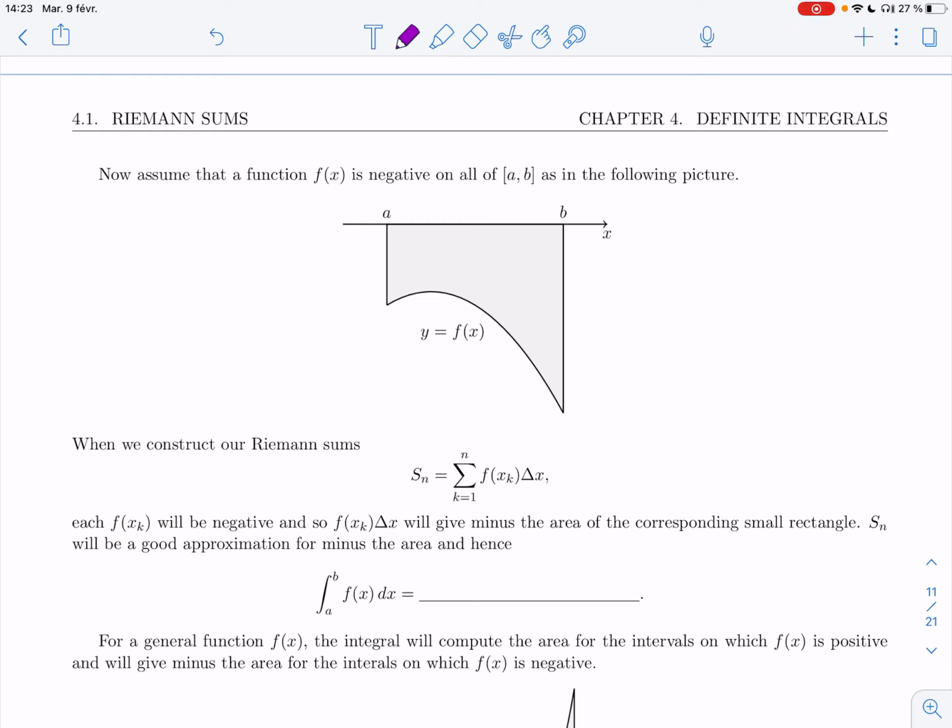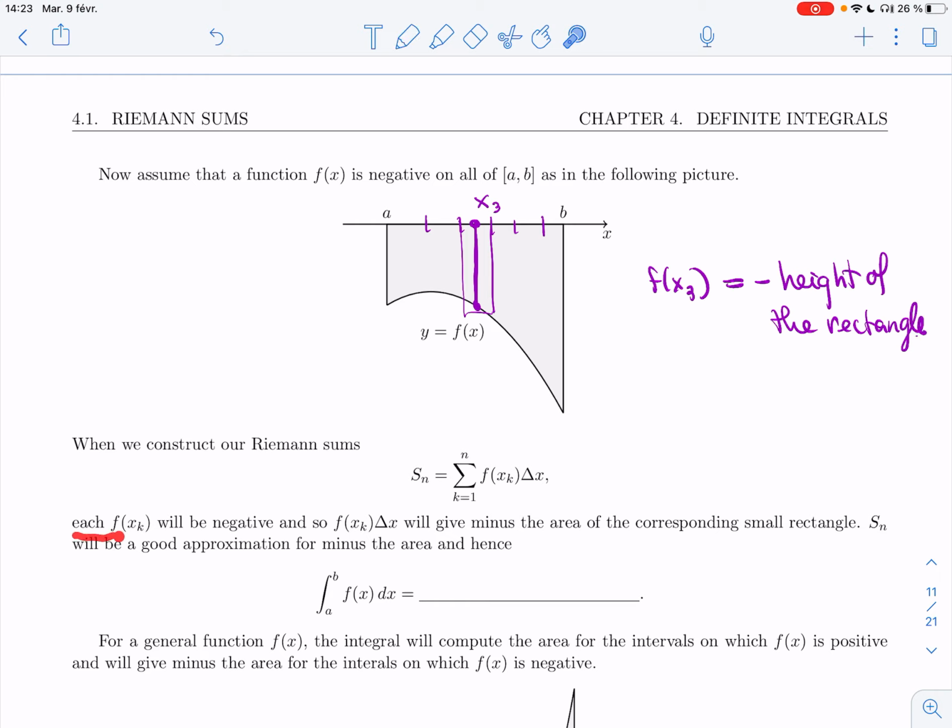So if I'm dividing into regions, if this is my x3, let's say, f of x3 will not be this length, it will be minus this length. So minus the height of the rectangle.